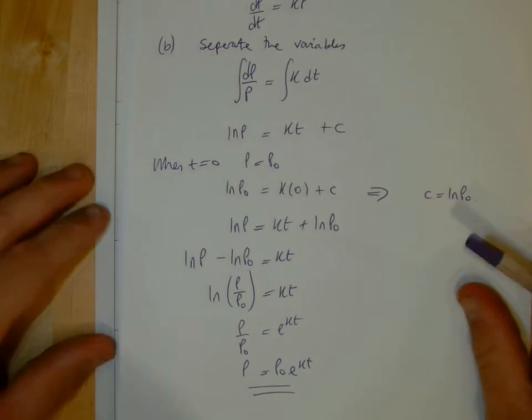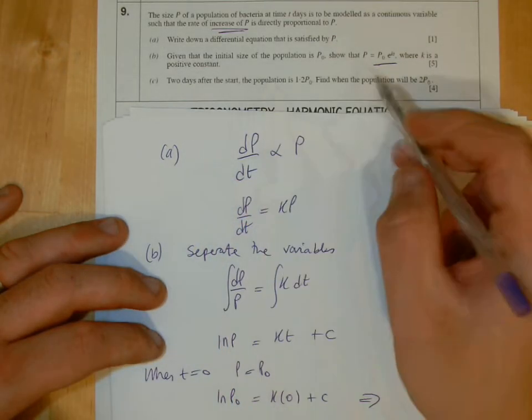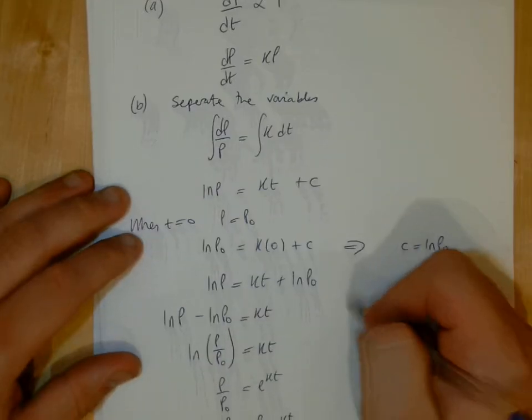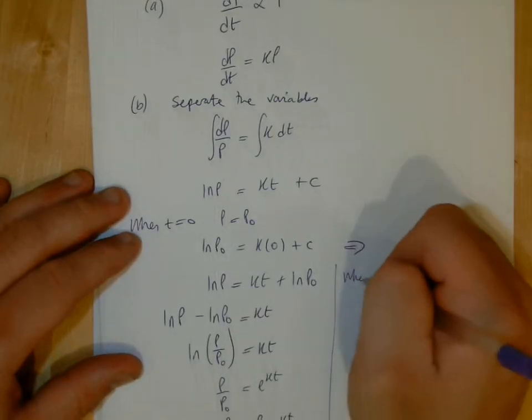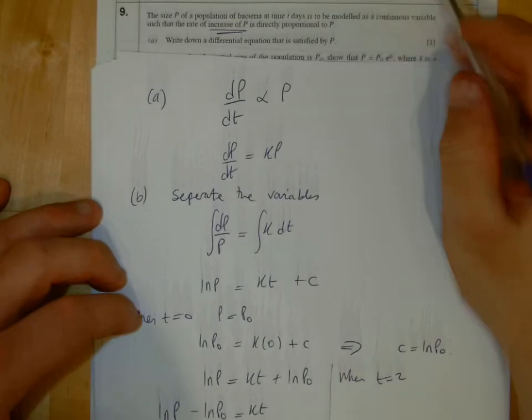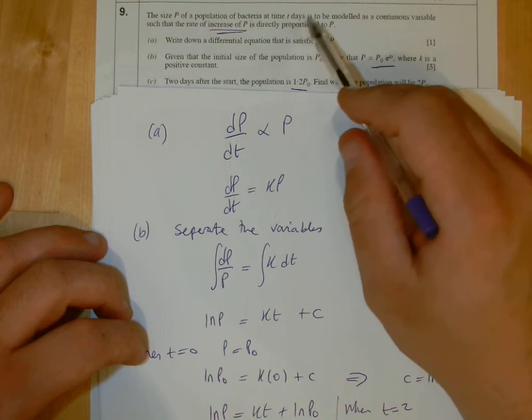Okay. Then we just go on then to grab the other marks, and it says, look, 2 days after the start, the population is 1.2 P0. So basically, what's it saying? When t equals 2, yeah, because it is talking about days, isn't it? Let's have a look. t days, yeah. So it's important to check what t represents.